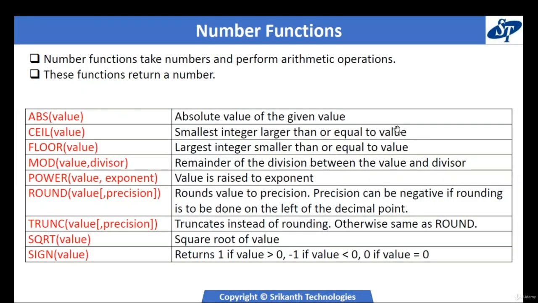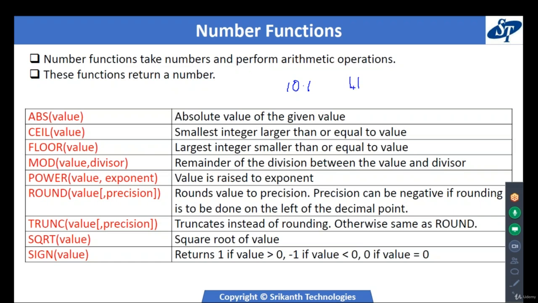These are some of the functions that are more widely used in the context of number functions. ABS is going to return the absolute value, that is, the positive value for the given value. Ceil is going to give you the smallest integer larger than or equal to the given value. So if I give something like 10.1, Ceil is going to give you 11.